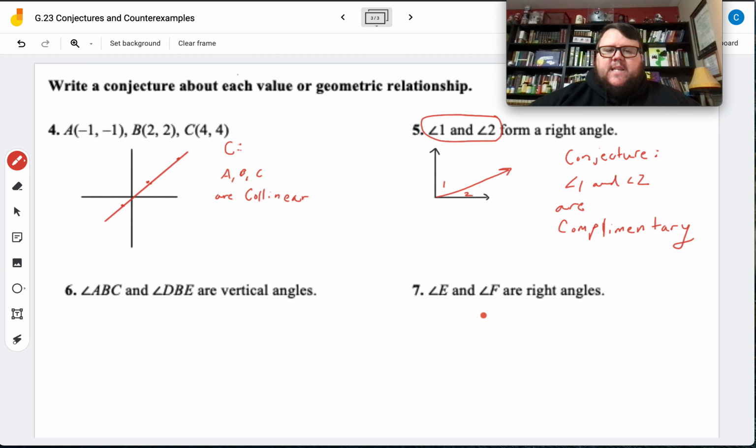I'm going to draw the diagrams, and then you guys can make your conjecture for these two.